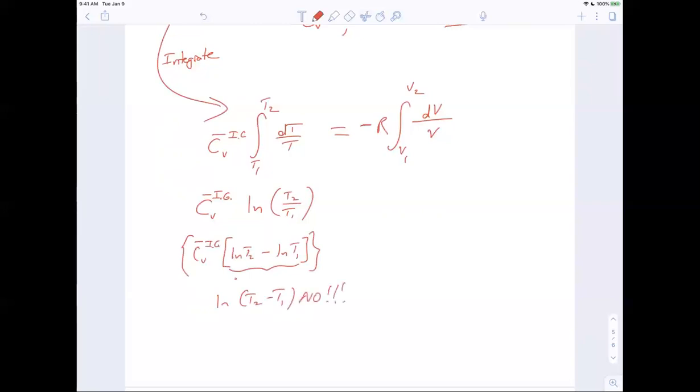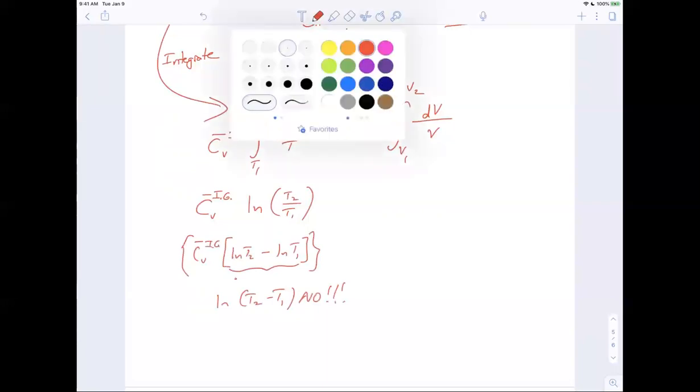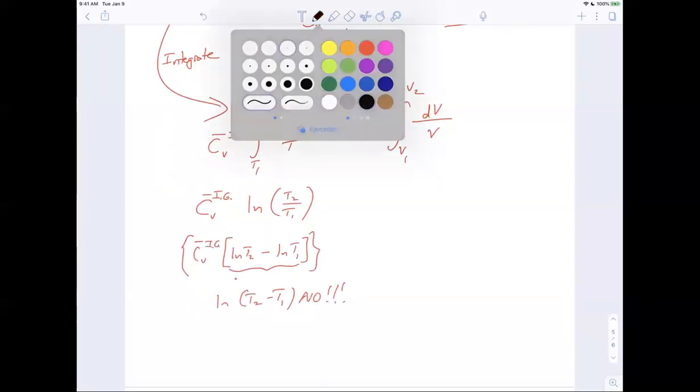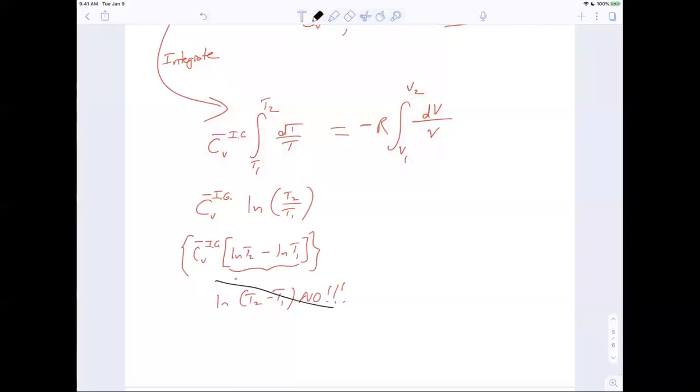No. Refrain from writing that, because that is not what that integral is. It's the natural log of T2 minus the natural log of T1, not the natural log of the difference, which is T2 minus T1. So be very, very careful.